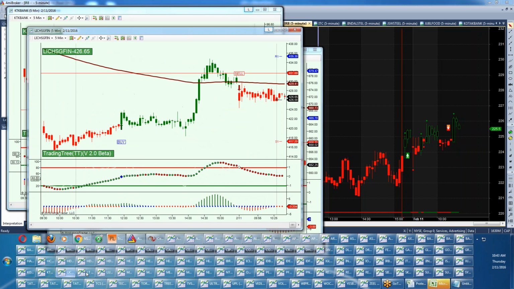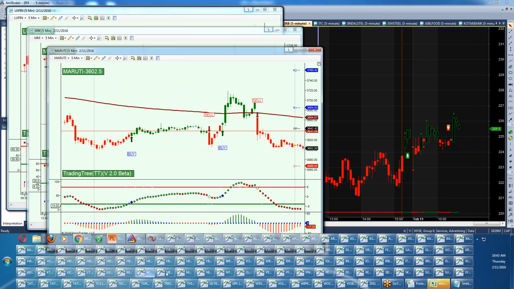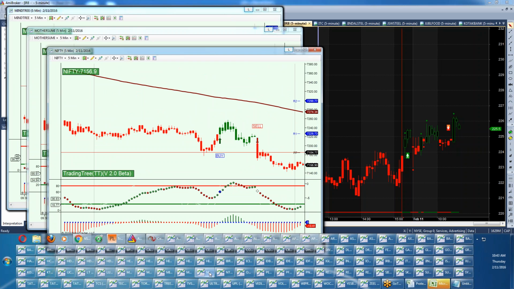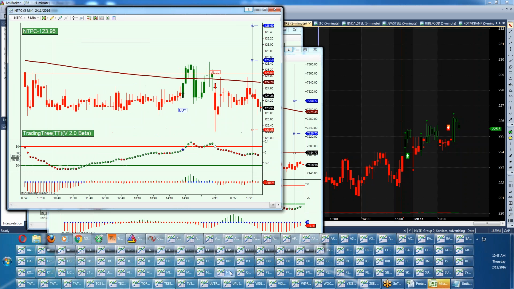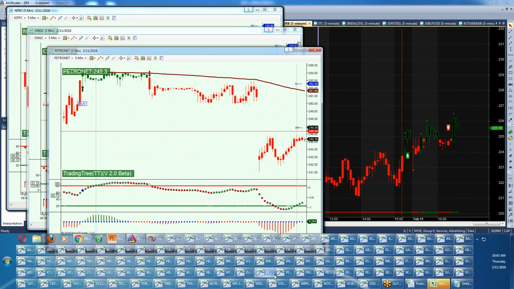You'll be able to trade in 30 particular scripts at a single time. Provided you have good margins, you should be able to earn at least 10 or 20,000 rupees every day.